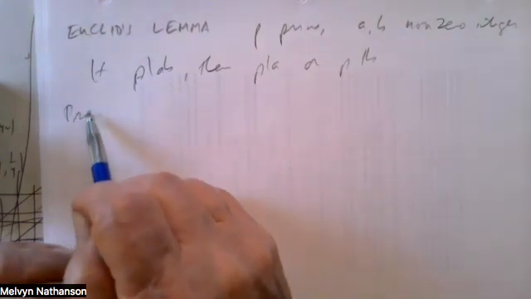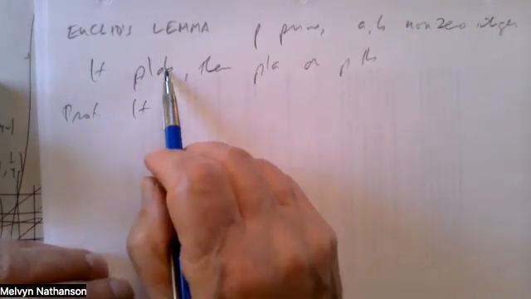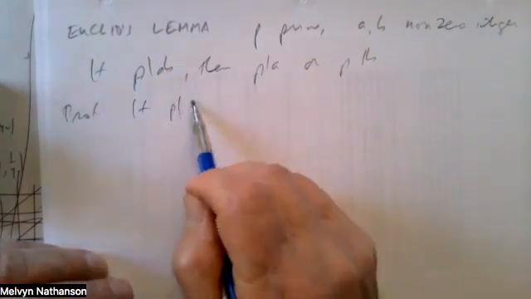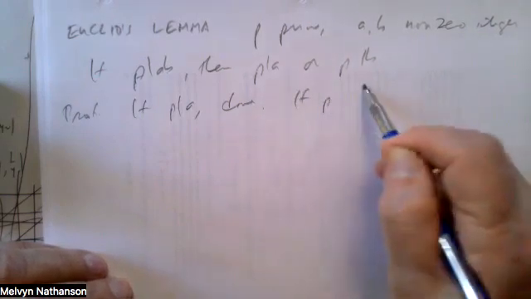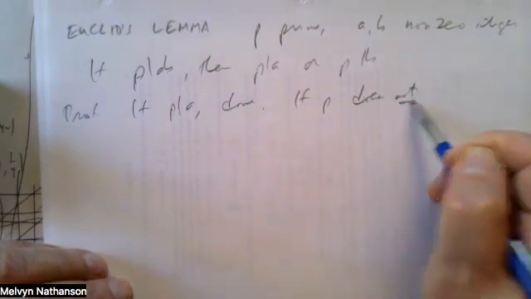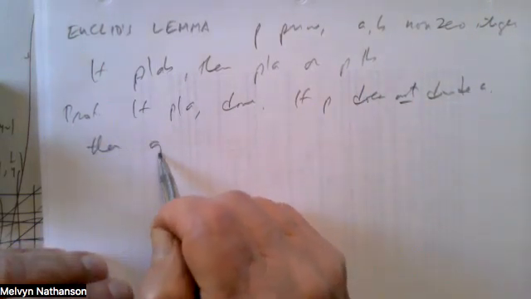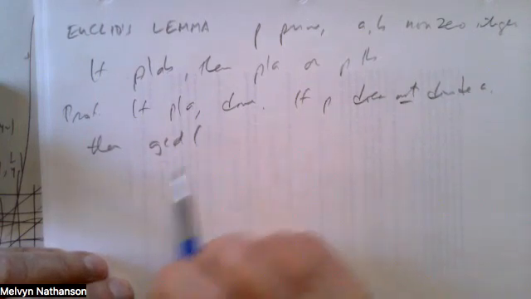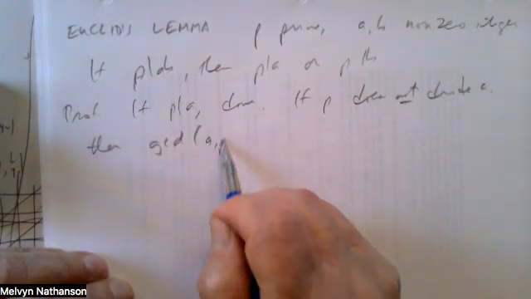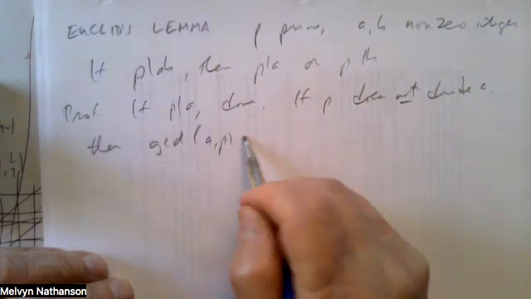And the proof is very lovely. So P divides the product AB. If P divides A, we're done. If P does not divide A, then the GCD of A and P is 1.